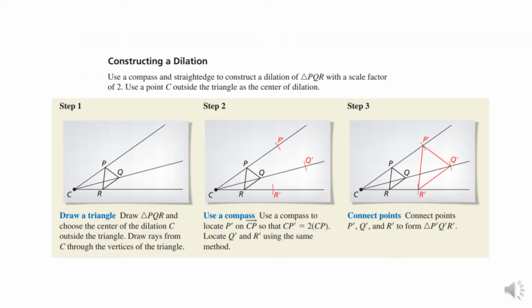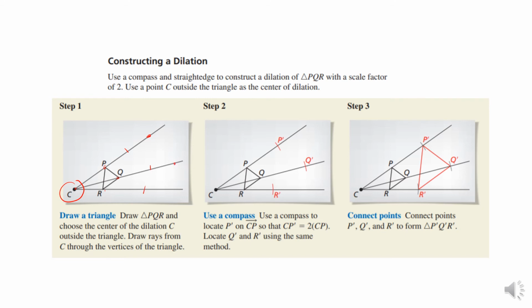Okay, so this is constructing a dilation. This is just an FYI, so you can look at this and see how you would do it. You choose a center of dilation, and then you draw lines from the center of dilation through each of the vertices. Then you pick a point. This has to be the same distance on each one.